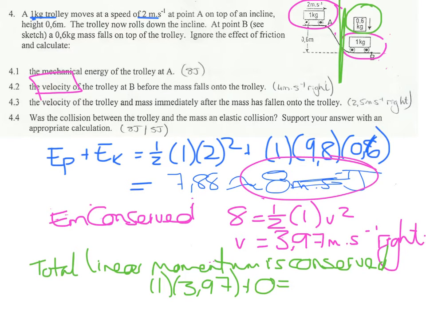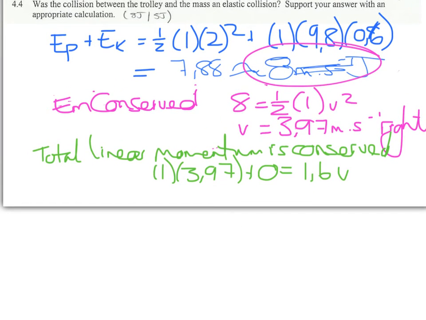Now after the collision, their combined mass is 1,6, and they have some new velocity. What is that new velocity? I'm going to need to calculate that out by dividing, and I land up with 2,48, which is as good as anything 2,5, but we'll go 2,48 meters per second. And again, they were asking me for a velocity, so again, I'm going to need to give a direction, to the right.